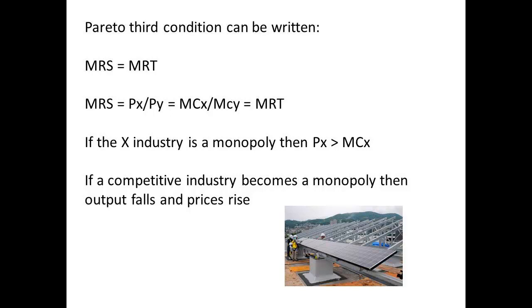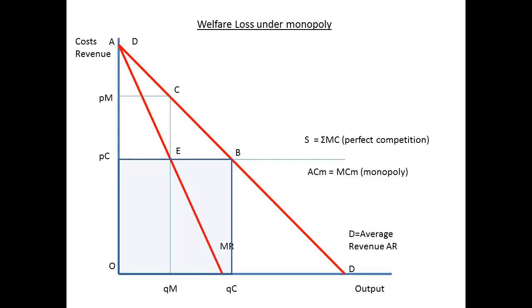But in a monopoly, Px is always greater than MCx. So the third condition cannot be satisfied and there is misallocation of resources. If a competitive industry is taken over and becomes a monopoly, then typically output will fall and prices rise.